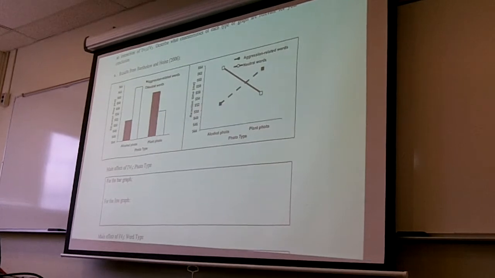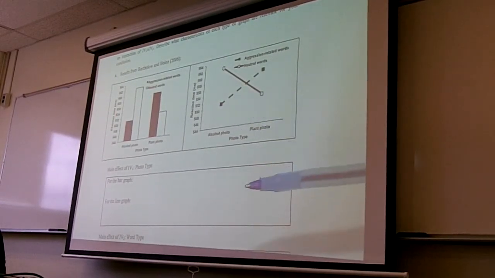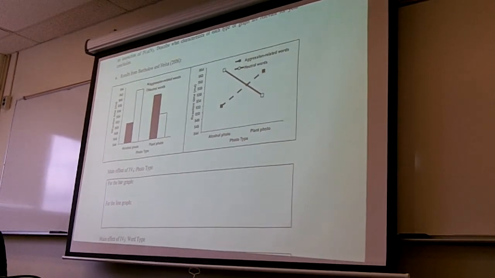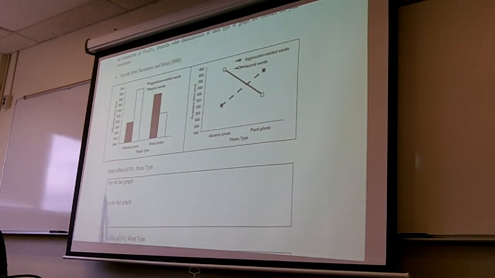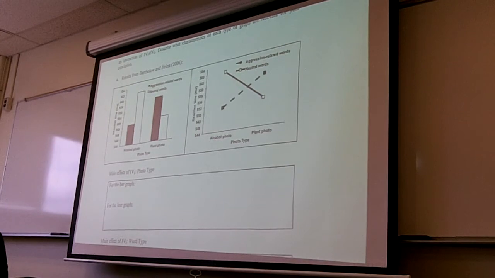Tell me about the bars. So, do you think there's a main effect of phototype? And how would you know? What kind of information do you use to decide if there's a main effect of the variable on the x-axis in a bar graph? What are we comparing?